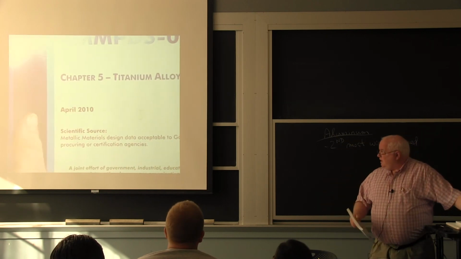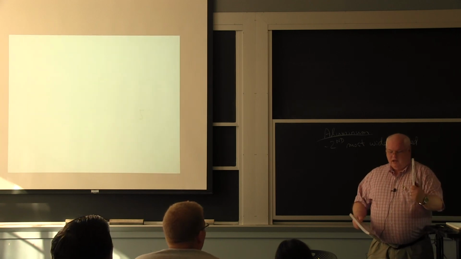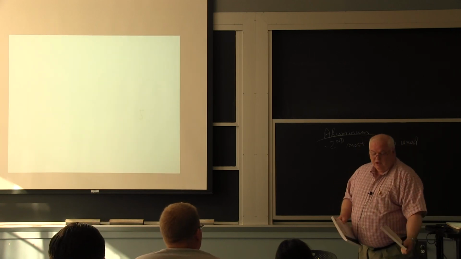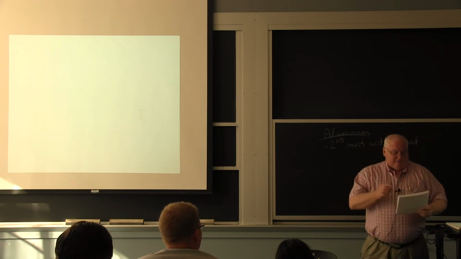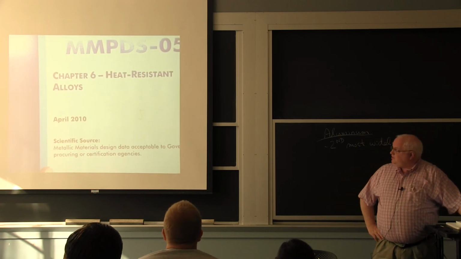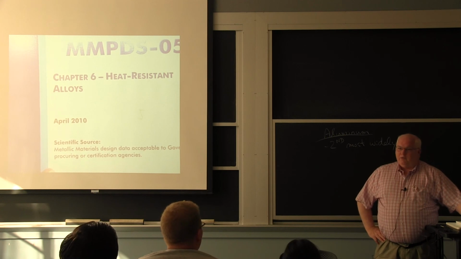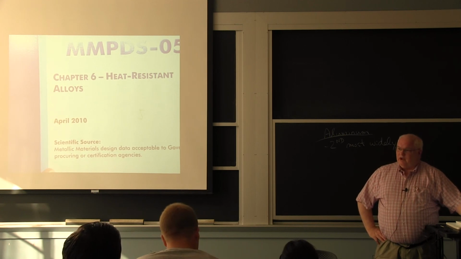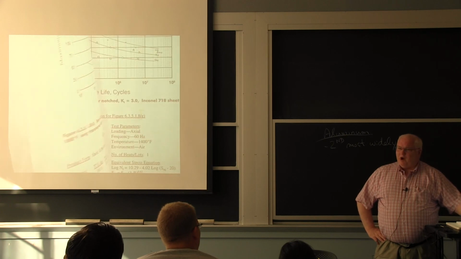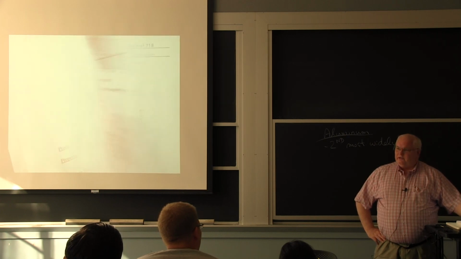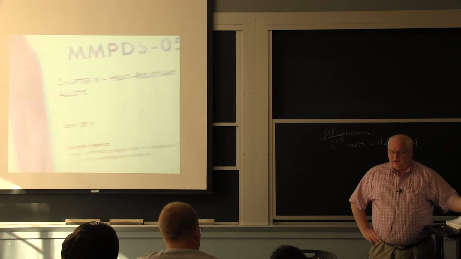Chapter 5 is titanium alloys, obviously used a lot and almost as thick as steels because we use more titanium than steels in aircraft. Heat resistant alloys. This is sort of what might go in your jet engine. So, hey, you're building a nuclear reactor, you want to know the properties of heat-resistant alloys, this is a good place to start.